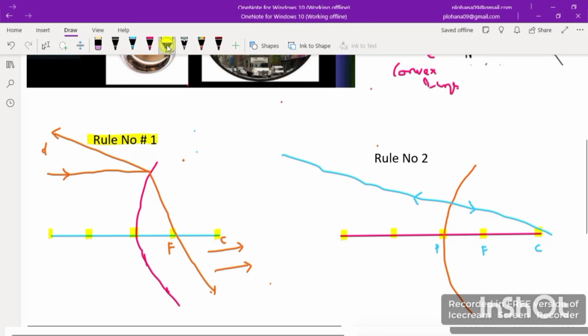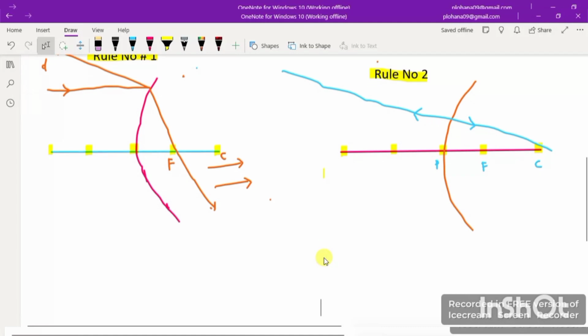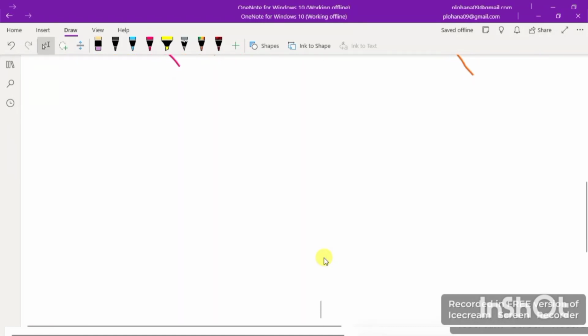So this is rule number 2, which says a ray which is passing through the center of curvature will always go back along that same path after reflection, right? Now I'm going to tell you about rule number 3, what it says basically.